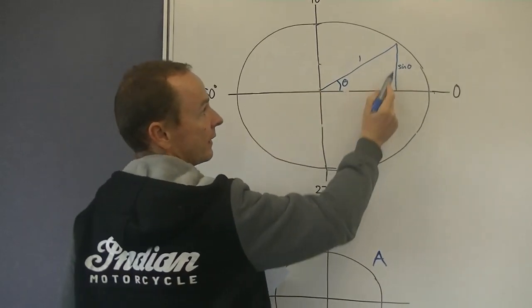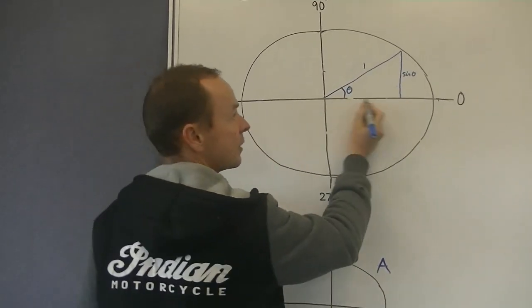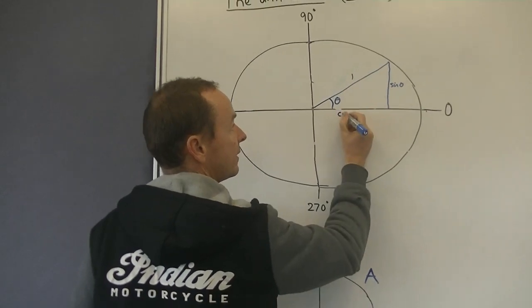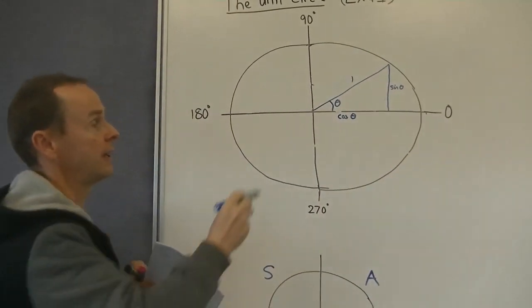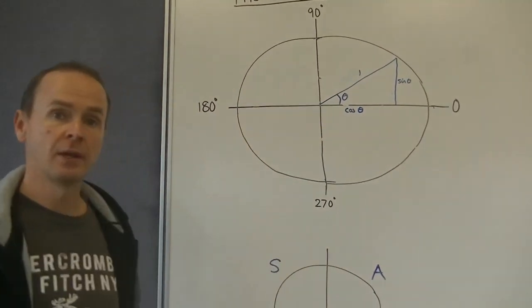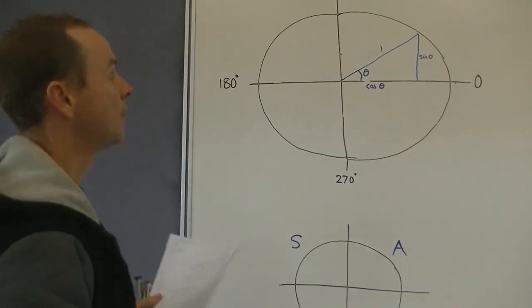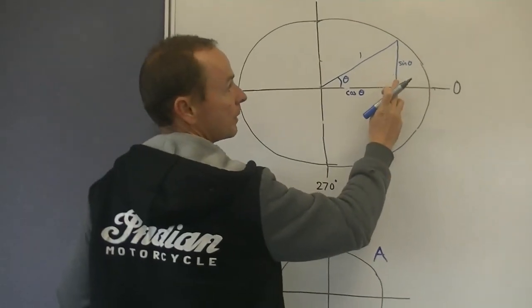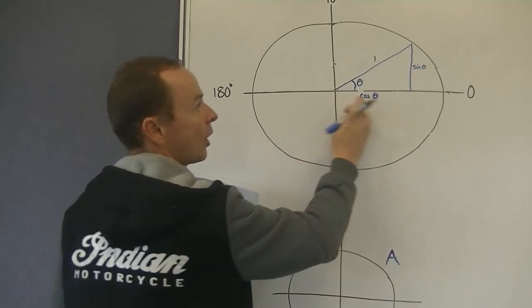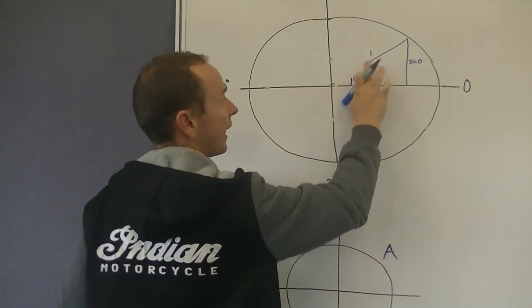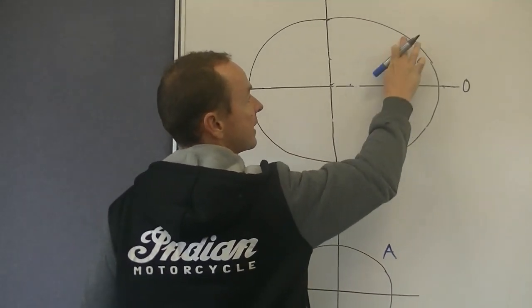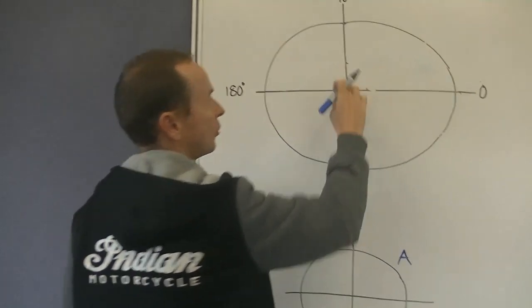So it's that length over 1. And this component of that line is cos theta, because cos is adjacent over hypotenuse. He's explained that in his video as well. Whenever you've got a line, the vertical component is sine theta, the horizontal is cos theta. We don't really need that for now and for this exercise. This is kind of an introduction to it.